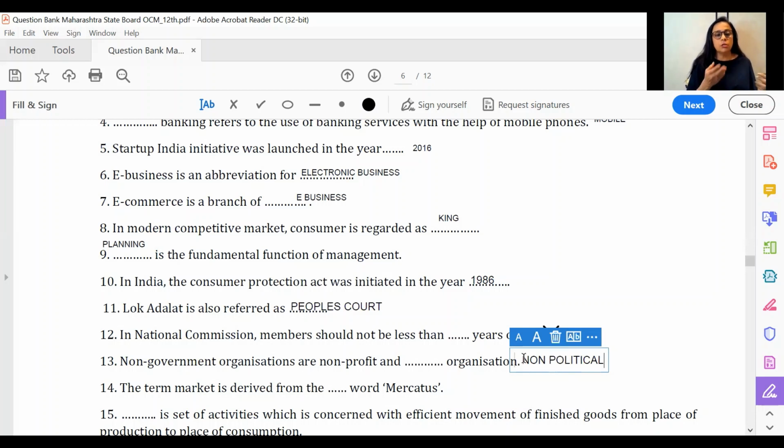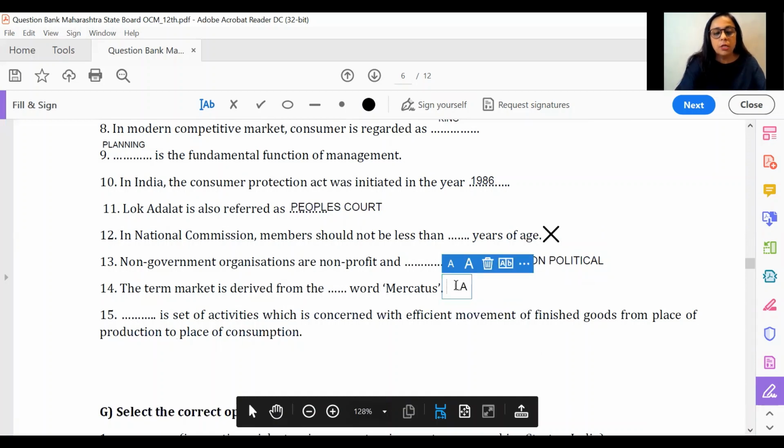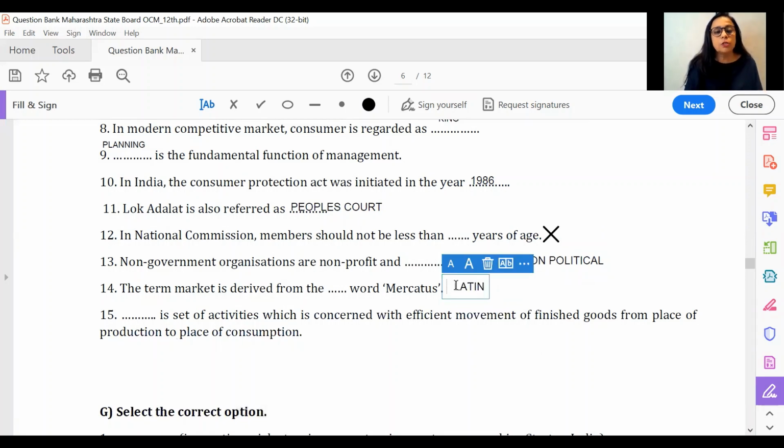All right, so here we go to item number 14. Objective is from the last chapter, and like we said, the term market comes from a Latin word, mercatus. I wouldn't be clear about how it's pronounced, but yes, it's a Latin word. In all my objective revision videos, I've highlighted all of these.